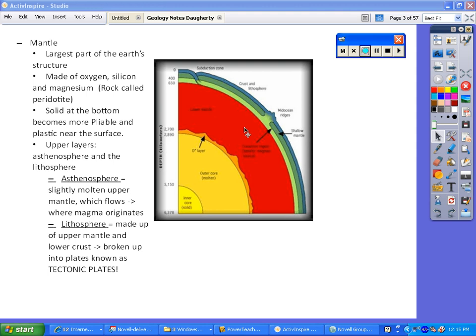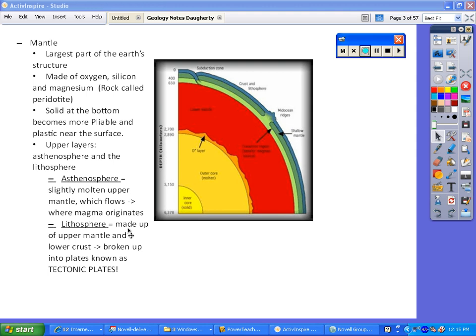Okay, now for the mantle, we're still right in here. There's actually two upper layers. There's the asthenosphere and the lithosphere. So the asthenosphere is the slightly molten upper mantle, and it flows, and that's where magma actually comes from, the magma that we would eventually see coming up through volcanoes, which would become lava.